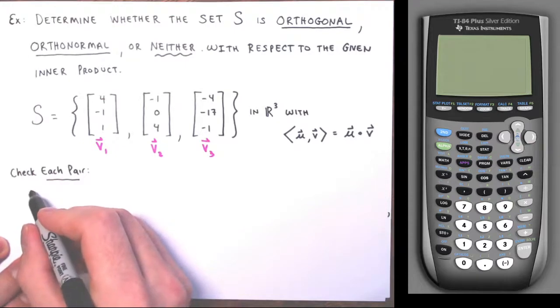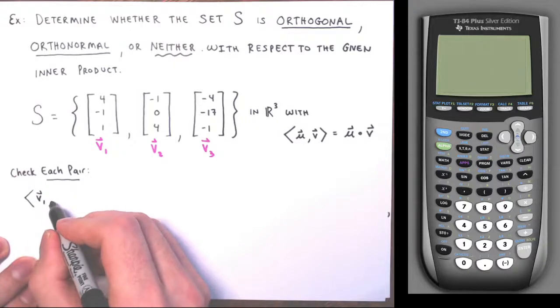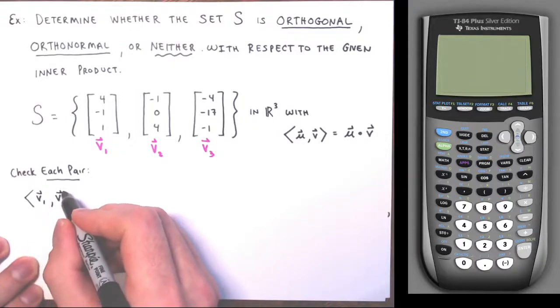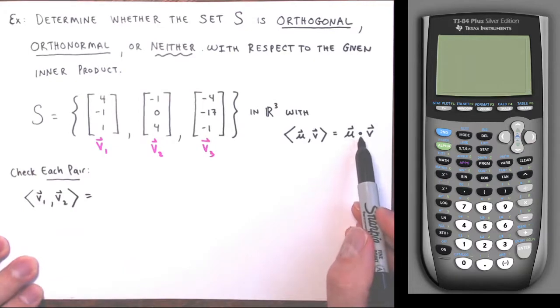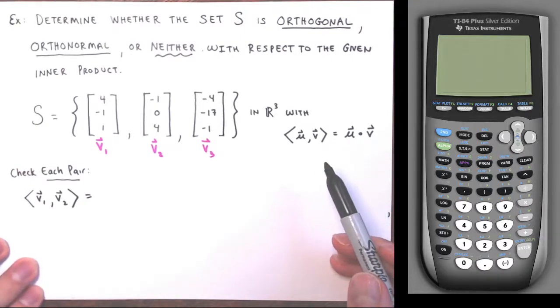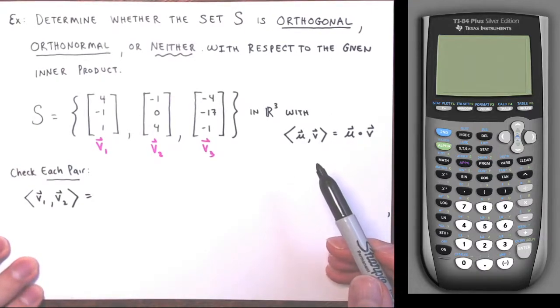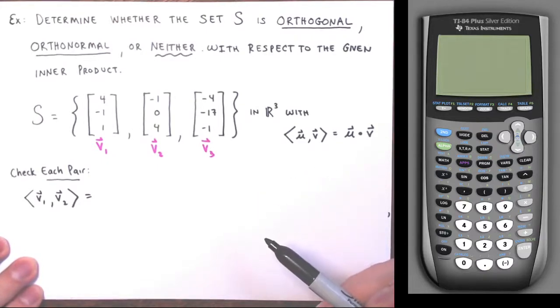So first I'm going to take the inner product of v1 with v2. Now the inner product here is again simply the dot product. Just as you've seen in previous videos, you have to really pay attention to what the inner product is when talking about orthogonality and norms and stuff like that, and distances.